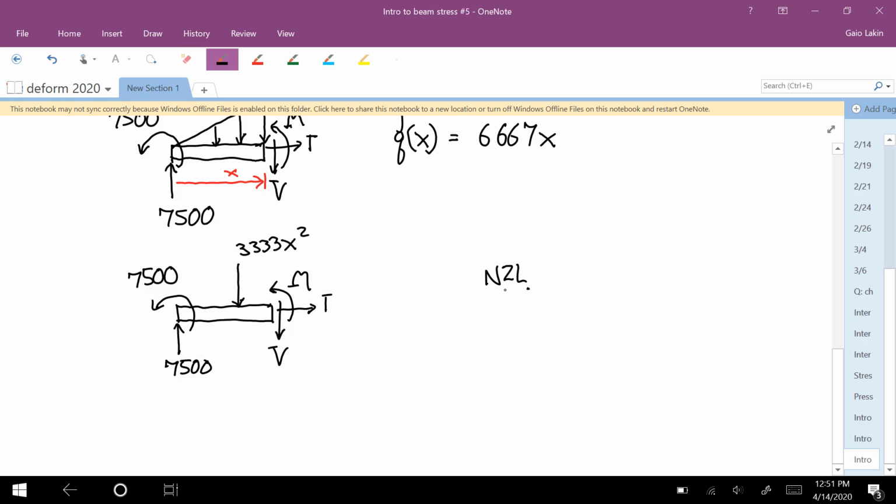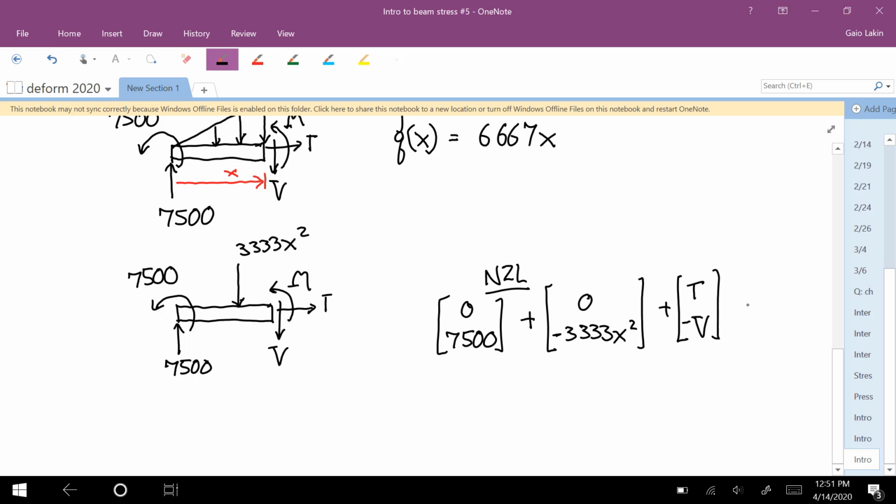So Newton's second law says 0, 7,500 plus 0, negative 3,333x squared plus T, negative V is equal to 0.